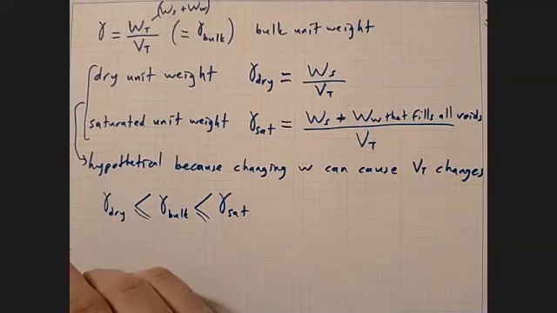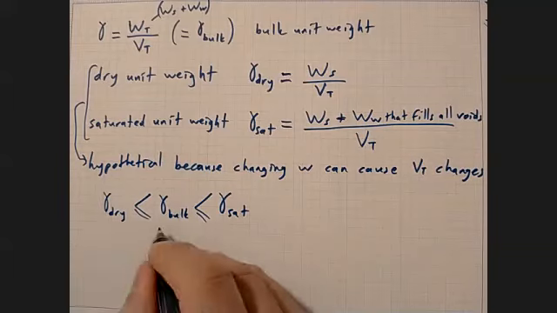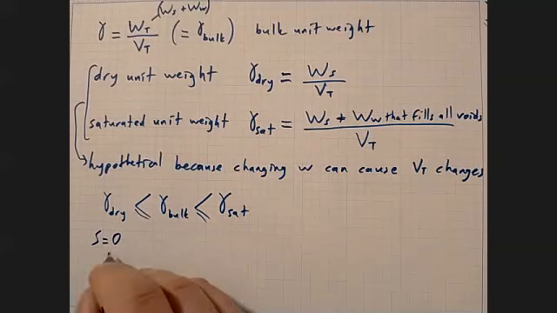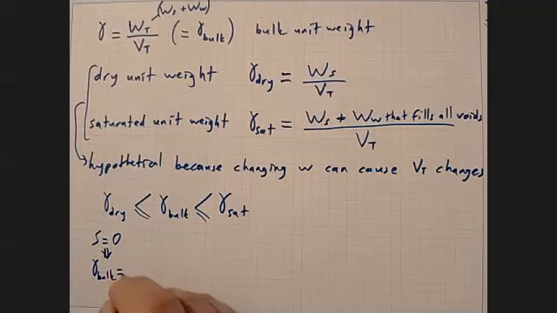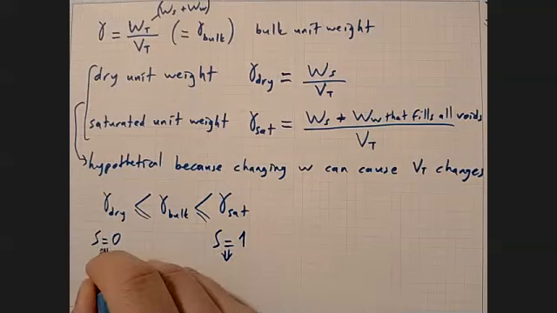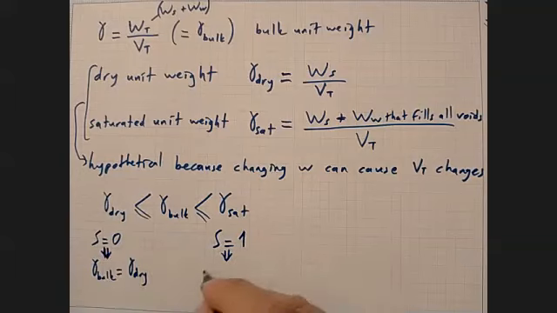So here, if S is 0, then gamma bulk is gamma dry. If S is 1, then it is fully saturated. And then gamma bulk is gamma saturated.